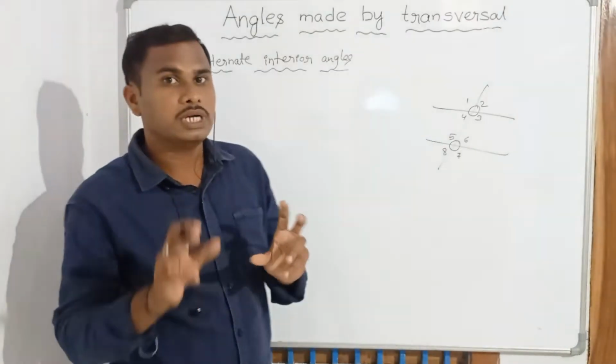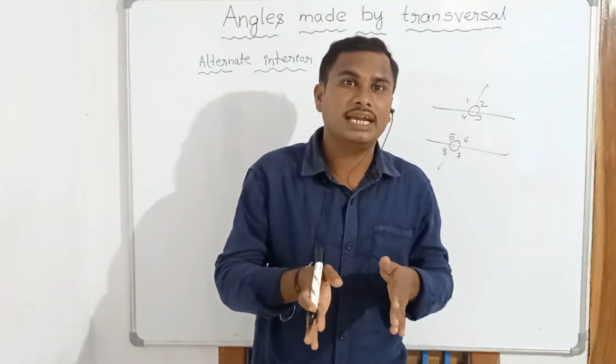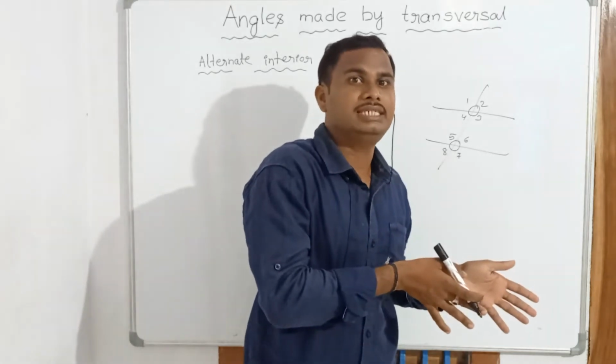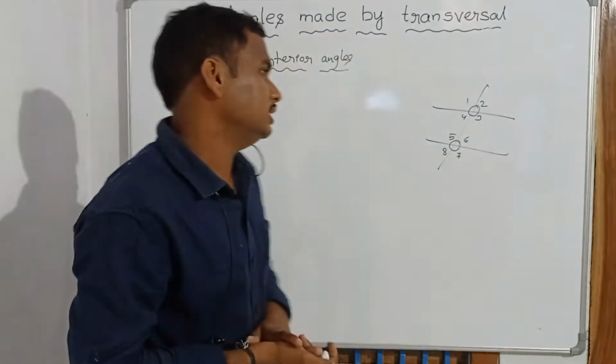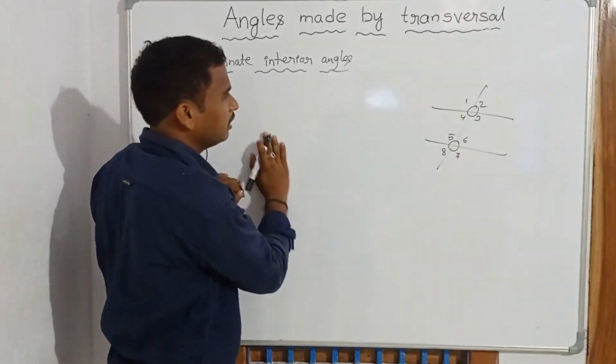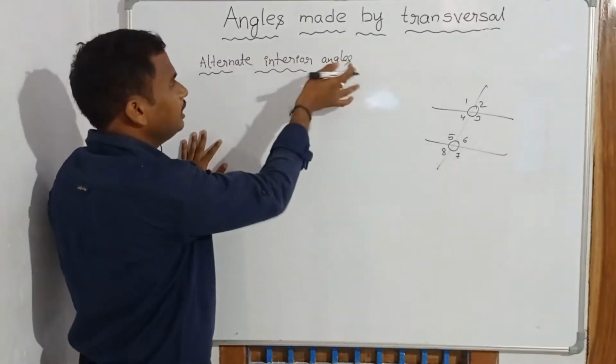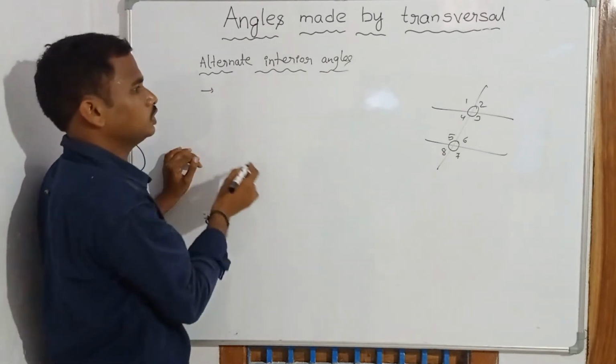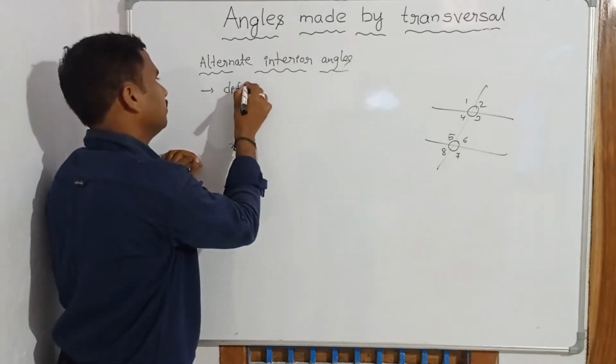Alternate interior angles. What is alternate? Alternate means either right side, otherwise left side. That is alternate. For example, alternate interior angles means, see this, first one, different vertex.